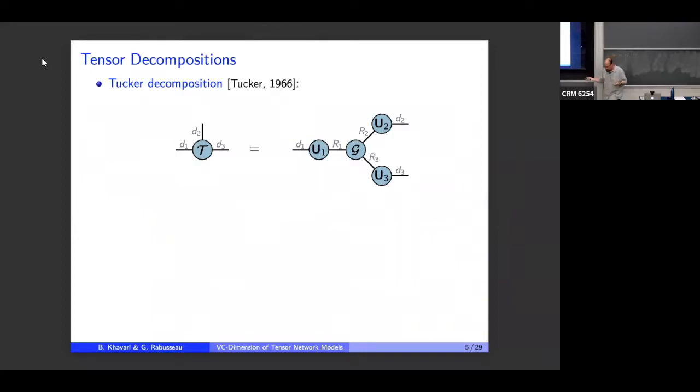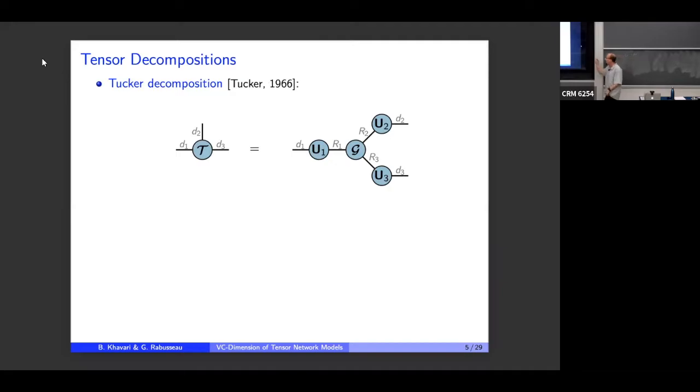Good, so now we can present common classical tensor decompositions using this formalism, these tensor networks. For example, the Tucker decomposition, right? So the idea of tensor decomposition is I have a tensor, potentially higher order tensor, and I want to decompose it into the product of small building blocks.